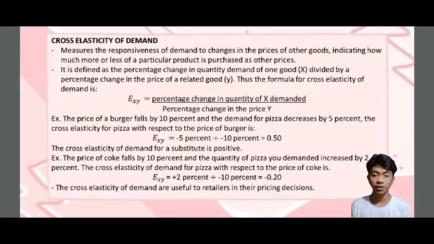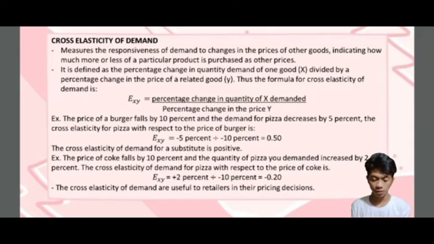The cross elasticity of demand can be calculated with any product or services. It is defined as the percentage change in the quantity demanded of one good divided by the percentage change in the price of a related good. Thus, the formula for cross elasticity of demand is as follows.